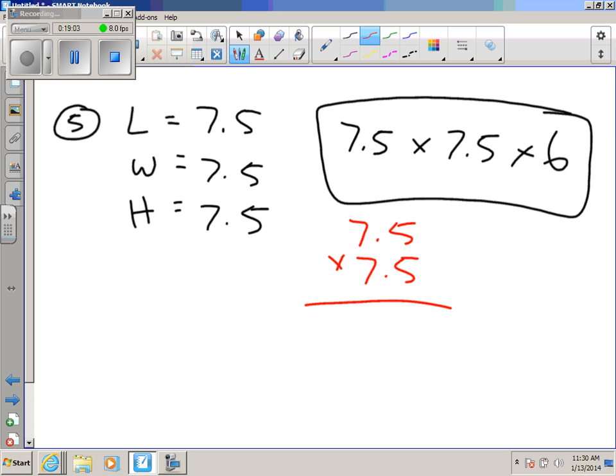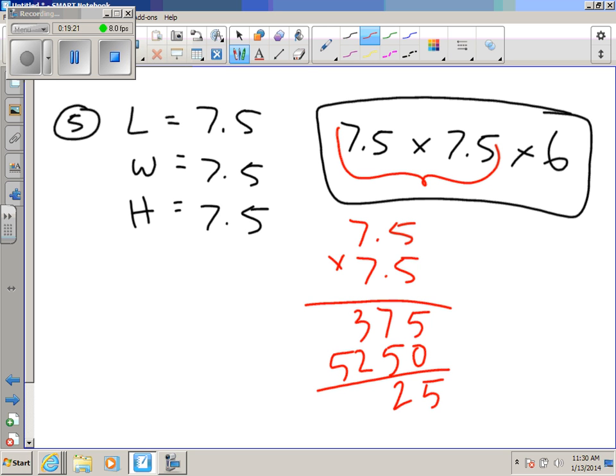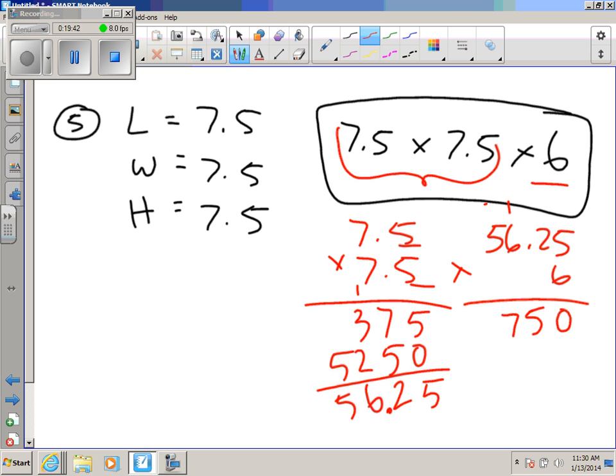Here we go. Let's go ahead and do it. 7.5 times 7.5. What we get here, we'll then take times 6. So 25, 37, drop to 0. 35, 52, 56.25, with how many decimals? 56.25 times 6. 30, 15, 37, 33, with how many decimals here?